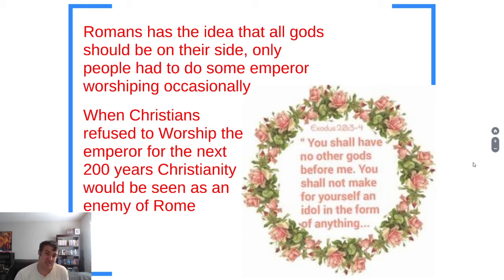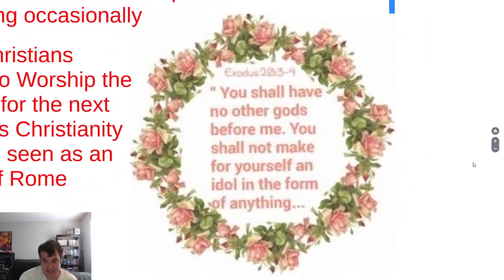Well, Christians refuse to worship the Roman emperor because they read that part of the Bible that says, God's jealous. Well, for the next 200 years, Christianity would be seen as an enemy of Rome. It would be this underground religion, and it would be functionally illegal, but people would still do it anyway. And this is going to cause some big issues in Roman politics.